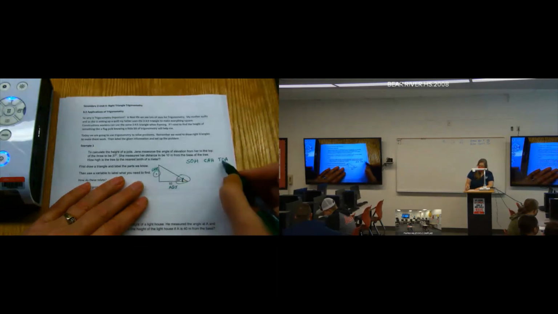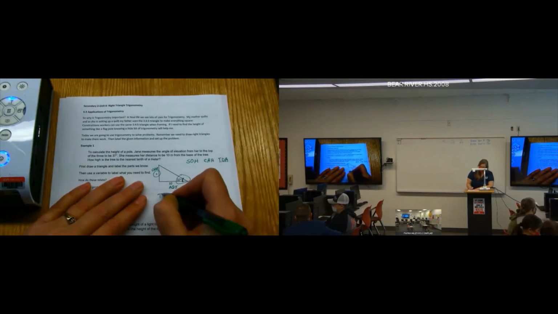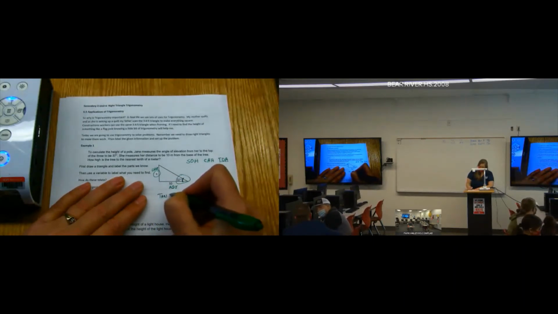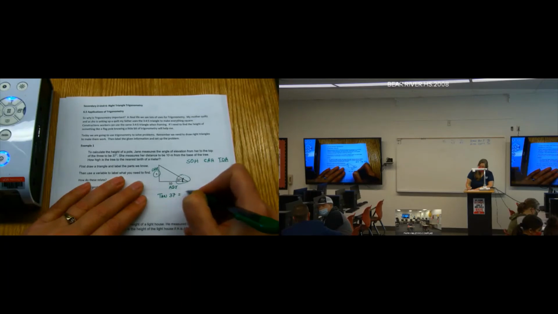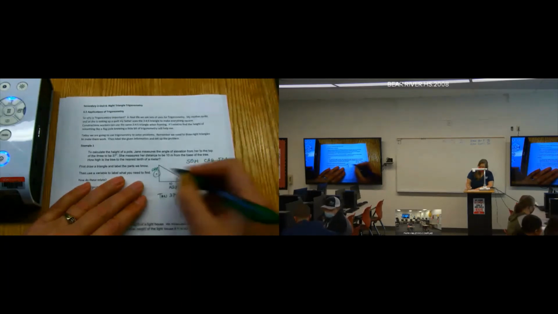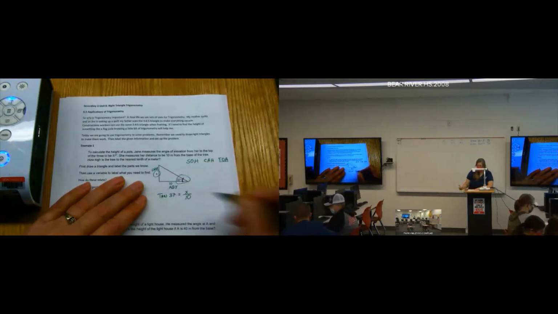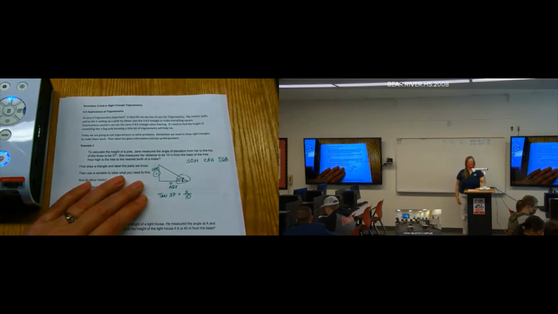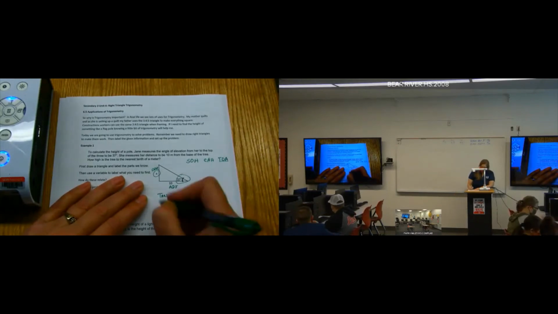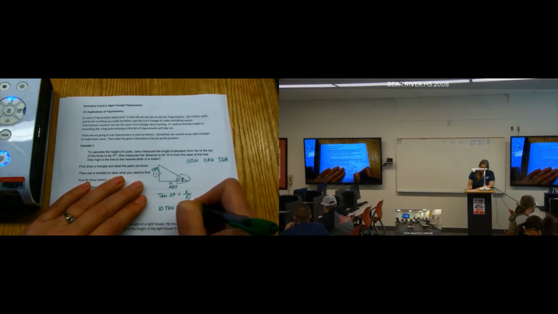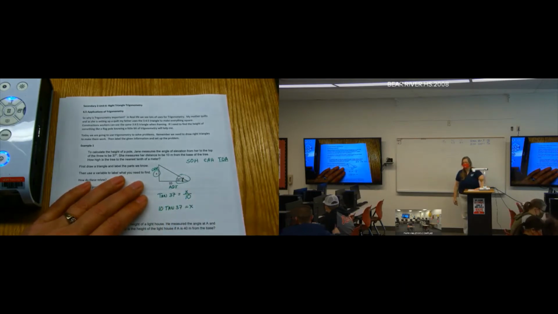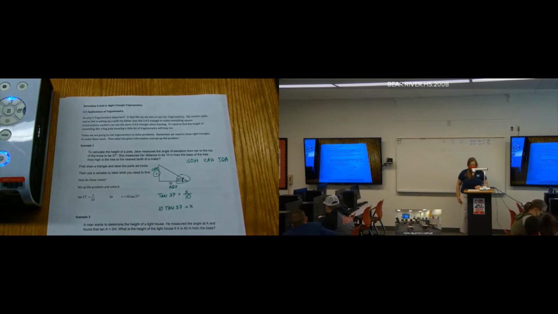Opposite and adjacent is tangent. So I say tangent 37 equals x, because that's opposite, over 10. Now what? Times by 10. 10 tangent 37 equals x. Do I have x alone? Yep, type it in, get your answer.